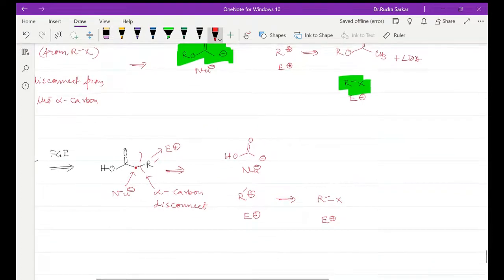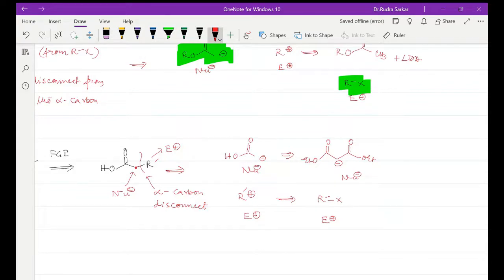And we know from previous discussions that the synthetic equivalent for an acid enolate is going to be this particular molecule. That is the enolate of malonic ester. This is going to be a nucleophile.